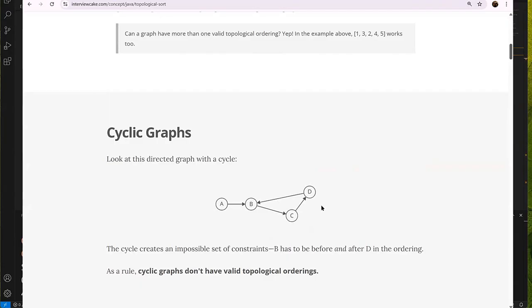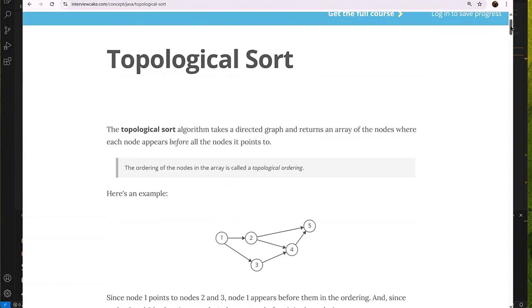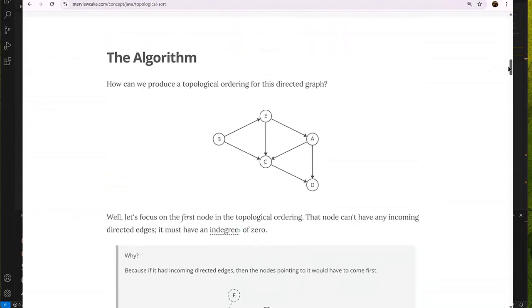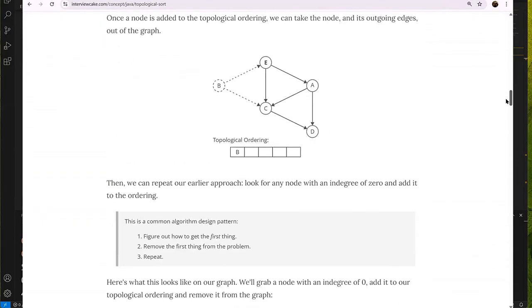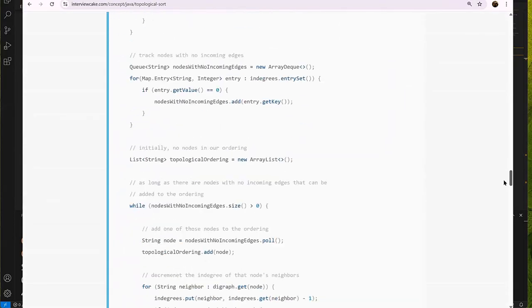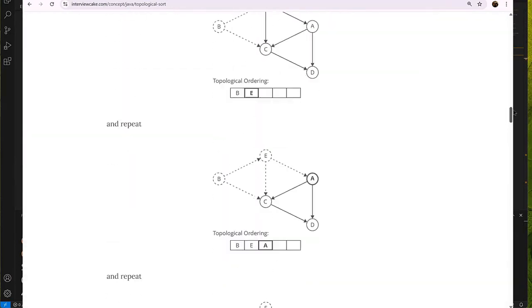Is that okay? Multiple paths going to one node are allowed, but a cycle is not allowed. You must not have a cycle.